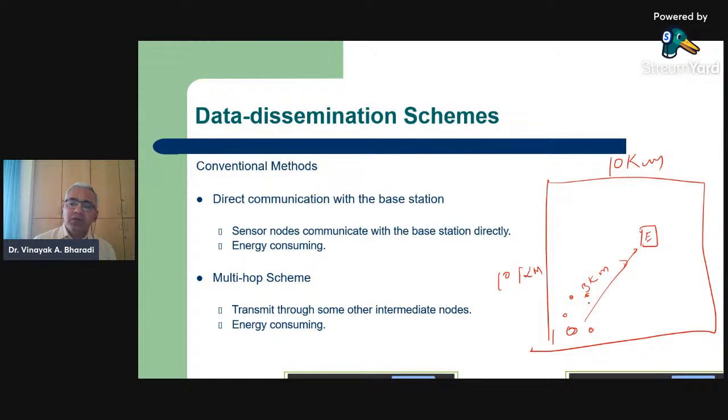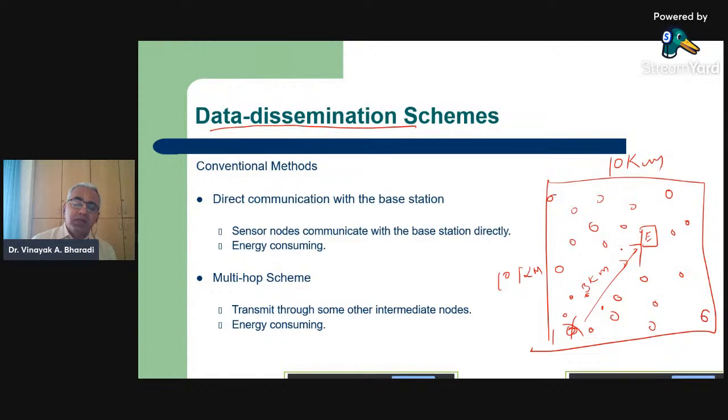So we have nodes deployed here, maybe uniformly, to monitor the environmental condition. How does data from node X reach node E? For that purpose, we have to design data dissemination schemes: from one point to another point, how will the data reach?